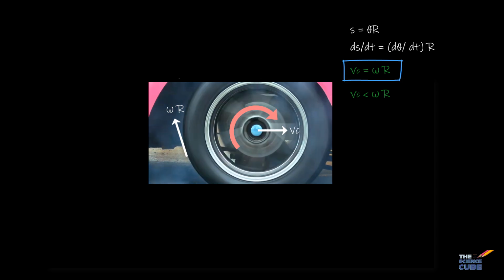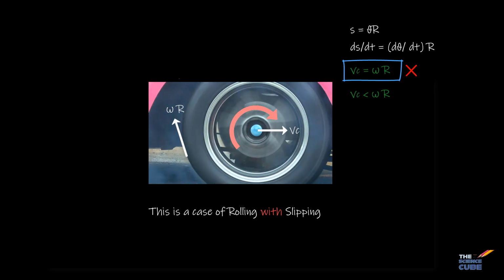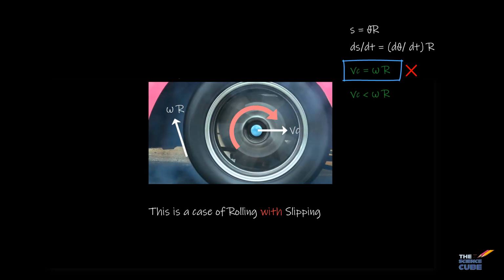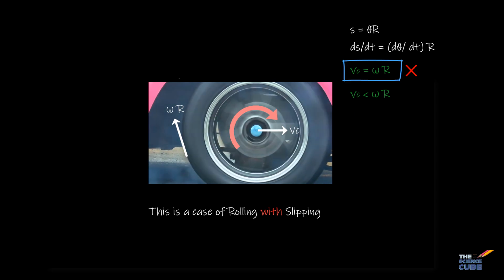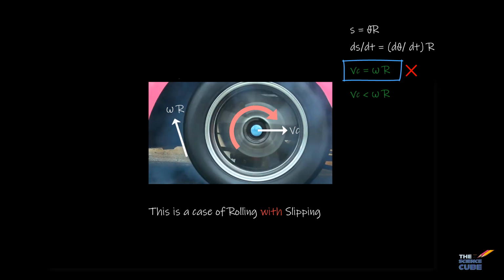This means the condition for rolling without slipping is not true, as there is relative motion between the tires and the road surface. You can see the evidence here, which is the smoke rising from the tires. Basically, the intense friction between the spinning tires and the road heats the rubber, causing it to burn and produce smoke, and this is a clear sign that the tires are slipping on the surface. So you see, this equation is a foundation for analyzing rolling motion.